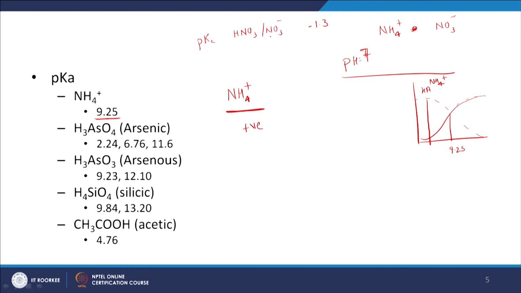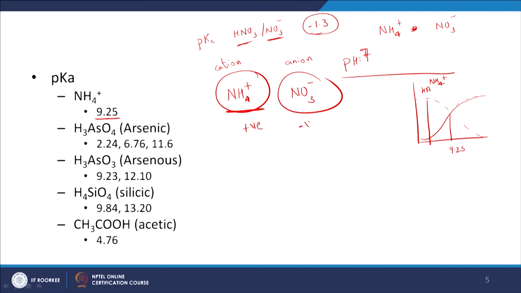But at pH 7, HNO3 is not going to predominate, but NO3 minus, because pH is greater than pKa. So we are going to have an anion, but with NH4 plus it is going to stay as a cation, and negative charge here.